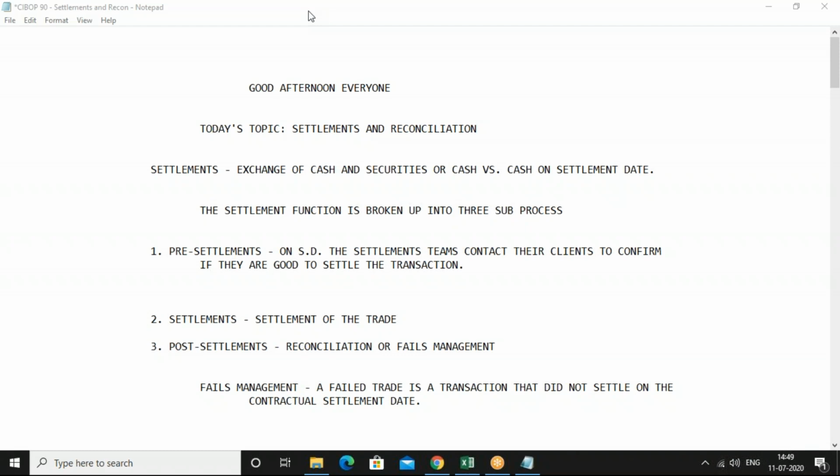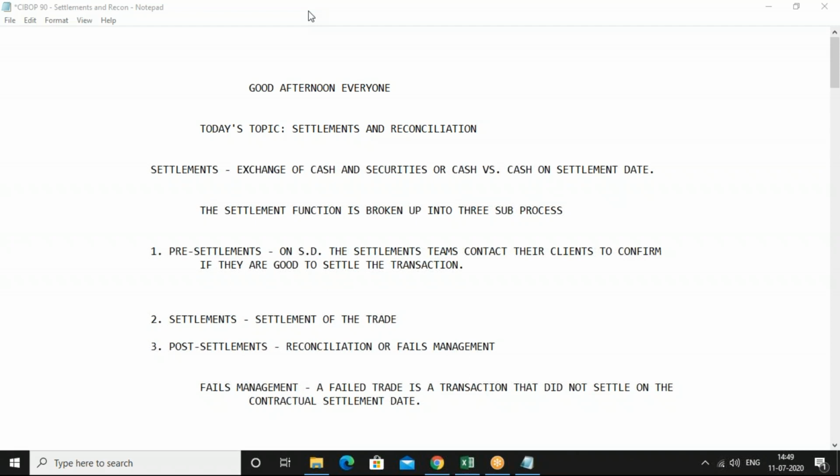Again it's akin to the delivery guy calling your house. For example, pre-settlements: they call your house and check whether you're home or not. If you are at home, they come and deliver the product. That's step two, settlements. Now post settlements is reconciliation. Let's say you ordered a phone, and when you open it you see it's a piece of rock in the box. That is the reconciliation part.